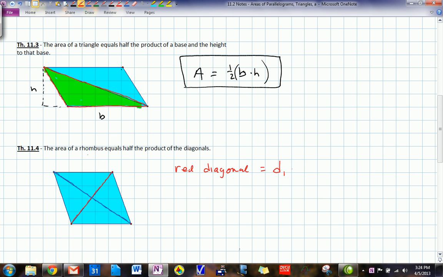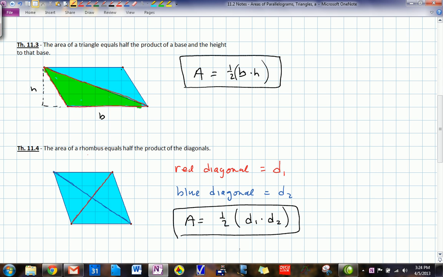We're using subscripts here. And the blue diagonal is equal to D sub 2. So the theorem then says that the area of the rhombus is 1/2 the product of the diagonals. So the formula would be 1/2 the product of D sub 1 times D sub 2.